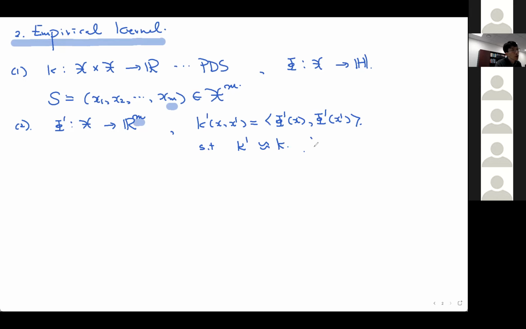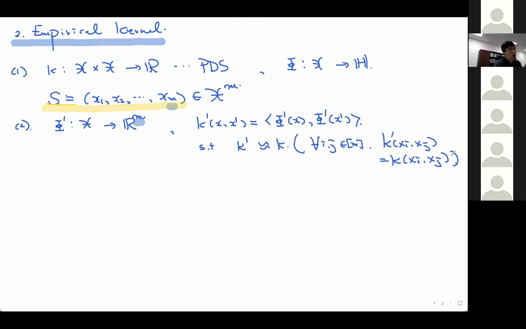In particular, for all i, j, so for all the examples in the sample S, we want these two things to become almost the same or exactly the same: k prime of xi and xj the same as k of xi and xj.